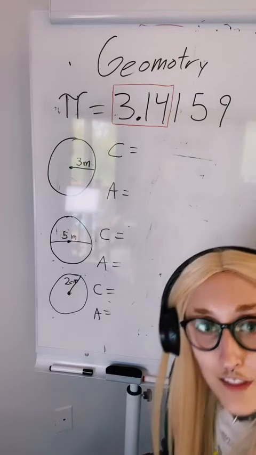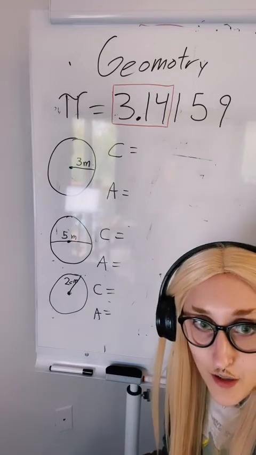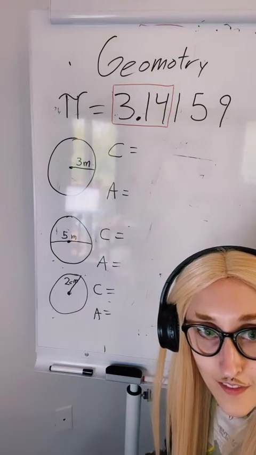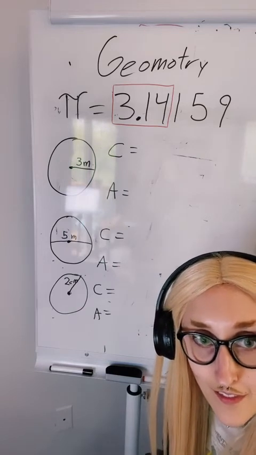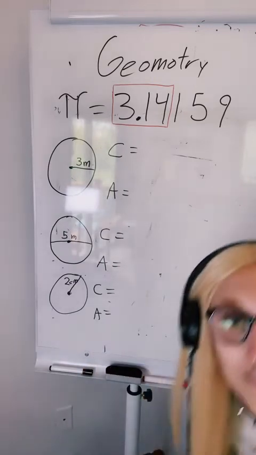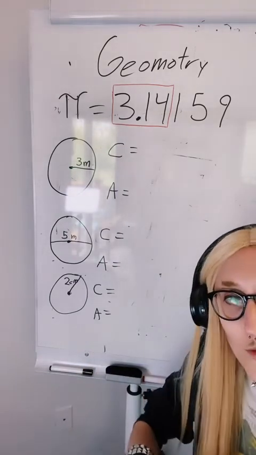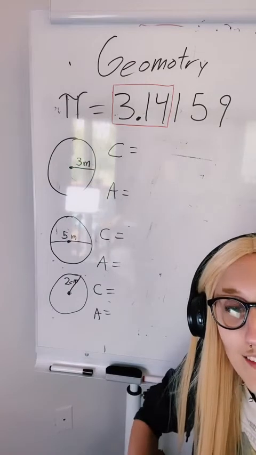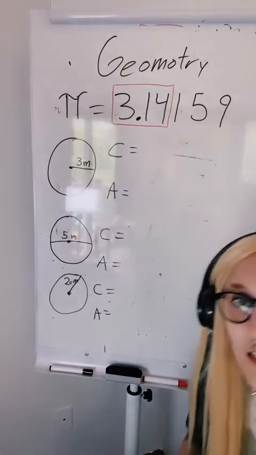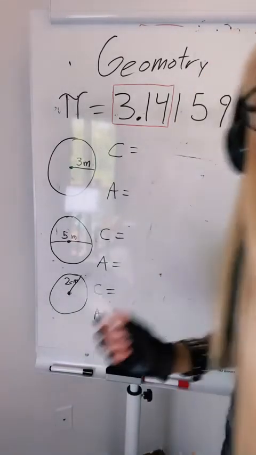All right, let's talk about this first one, shall we? First one, let's talk about it. All right, so we want to find the circumference. Sorry, the light's getting a little reflective on the board.